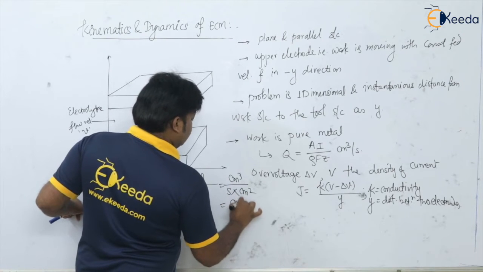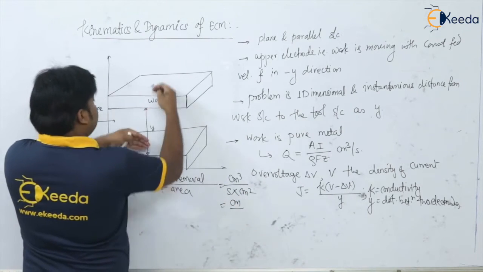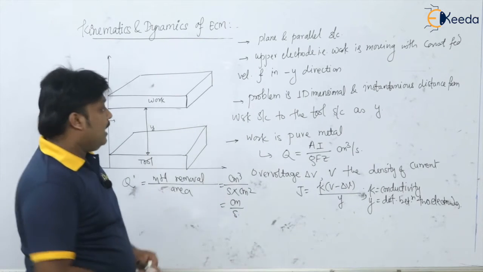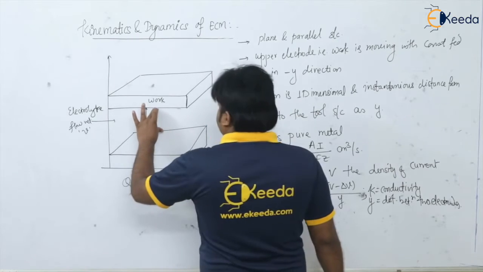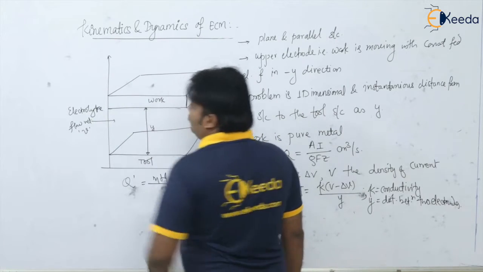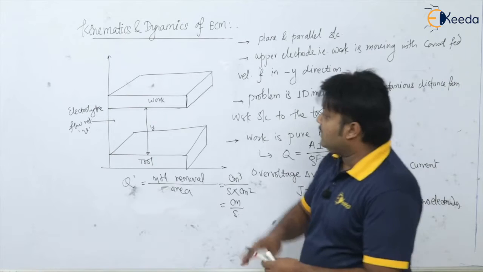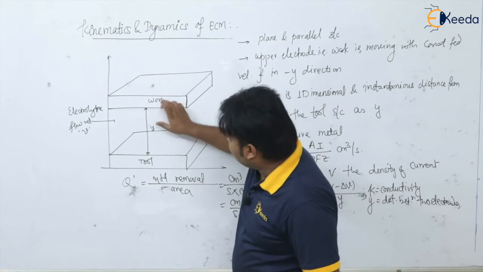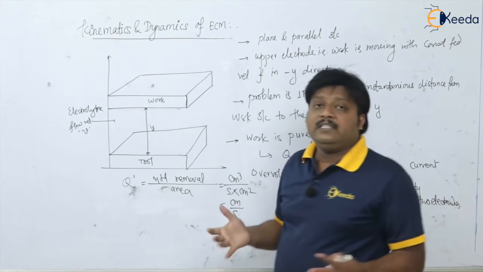You will get the velocity with which it is receding from the tool surface, in centimeter per second. And of course this is the gap between the work and the tool, isn't it? So how is this gap going to change, the rate at which the distance between the work and tool changes?